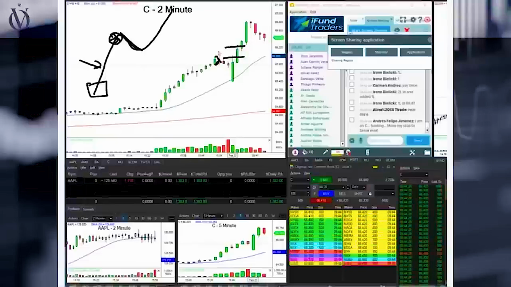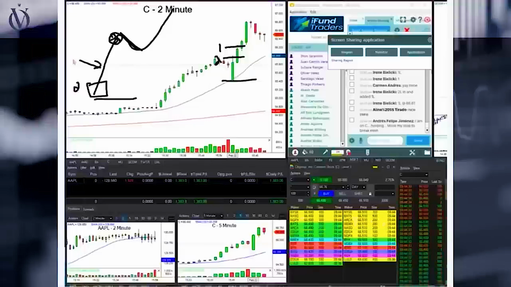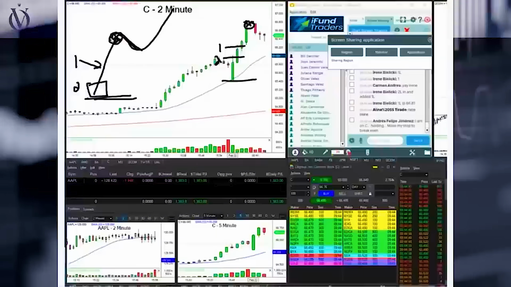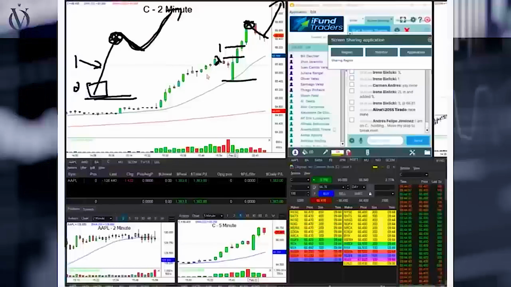She bought, added, 2, 1, stop. So 2, 1, stop. Okay. Profit take. Let the stock pull back on you. Let the stock pull back, and then hope for the secondary move.